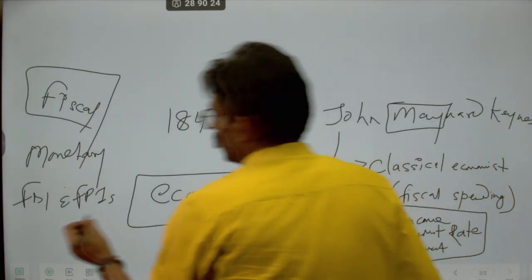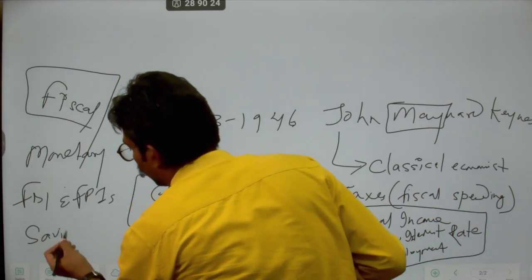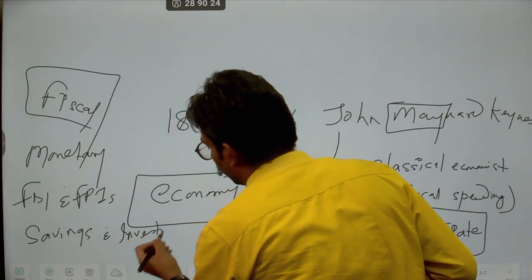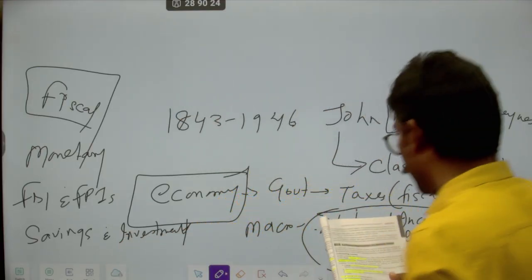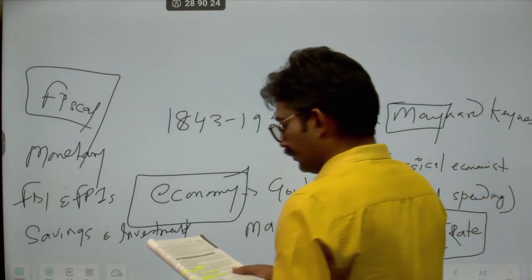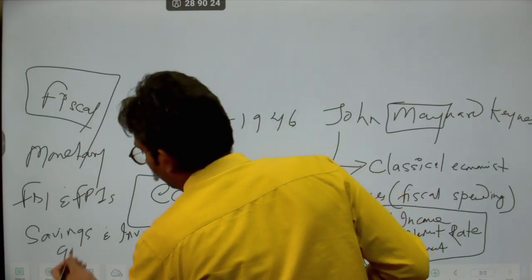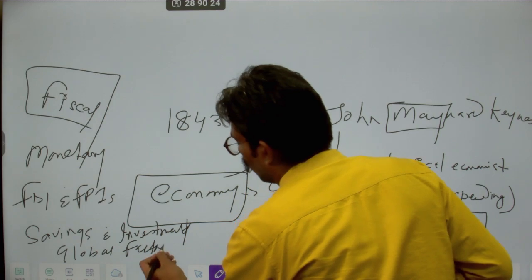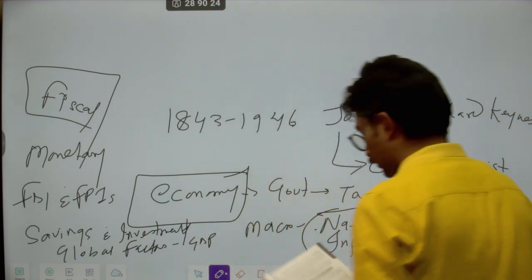We should also understand the savings rate of a country and the investment patterns in a country, which is India, because we are all sitting in India, so we should understand. We should also understand the global factors that impact your GDP. What all global factors would impact your GDP?